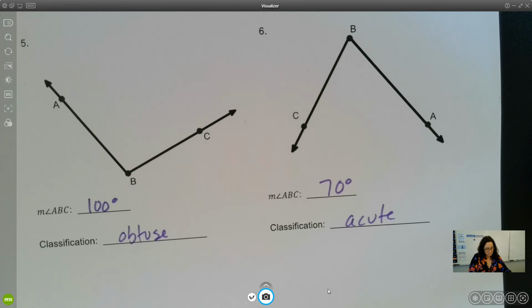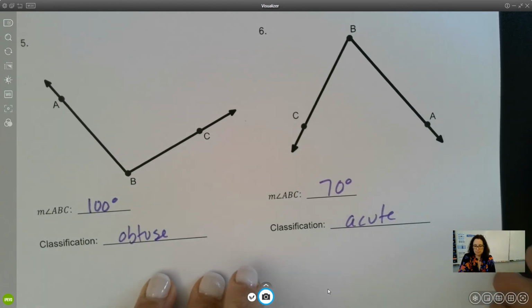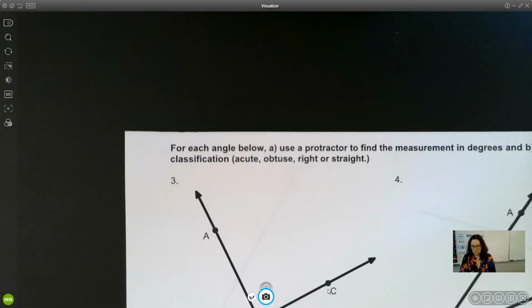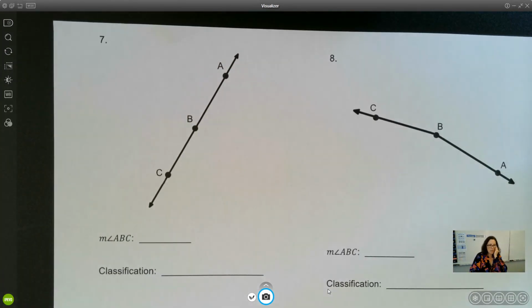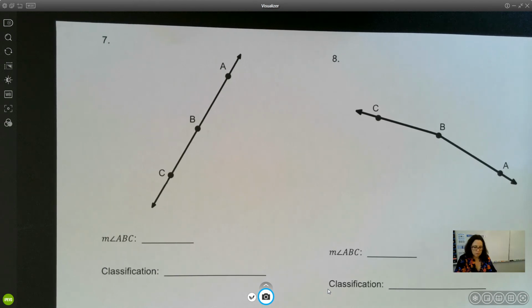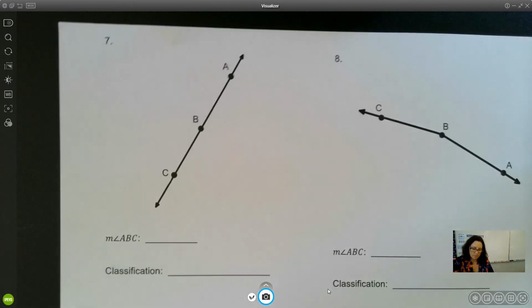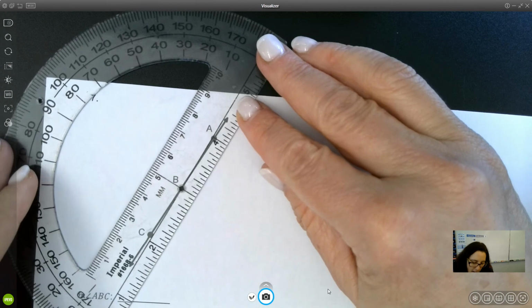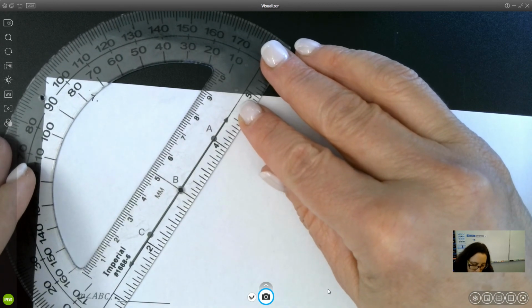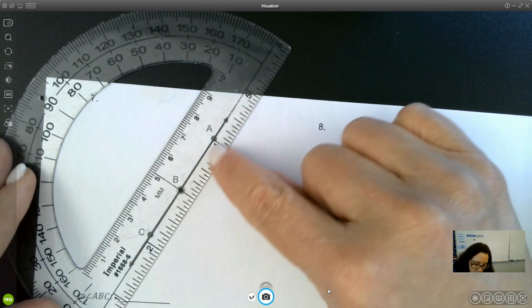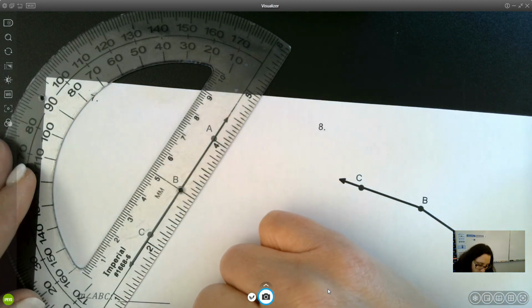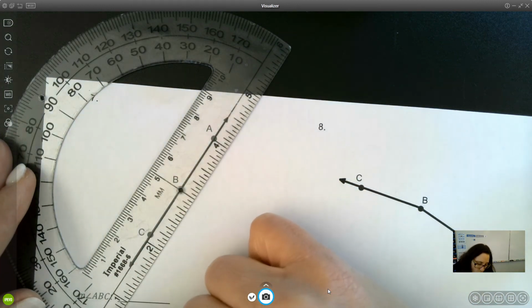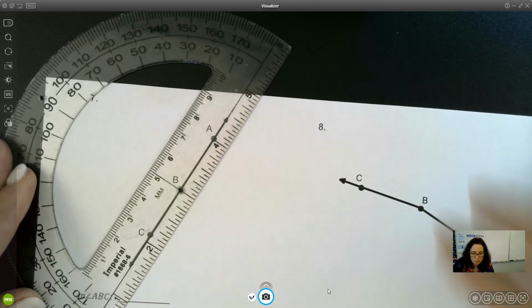Okay, next page, a couple more to do. All right, this one. Measure of angle ABC again. Okay, that's lined up. This goes through either 0 or 180. Let me scooch that up, sorry.